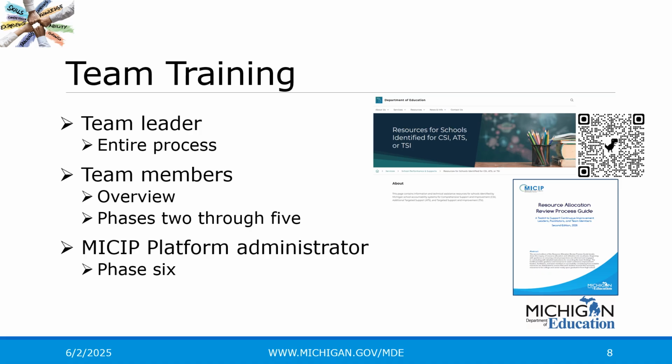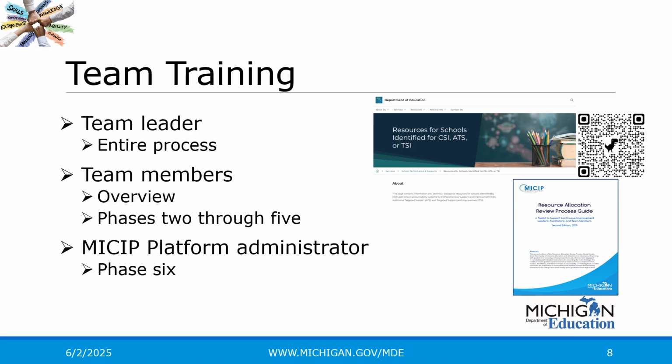Training will look different for each team member based upon the role being fulfilled. For example, it is recommended that an administrator, team leader, and continuous improvement facilitator read through all the materials and review each video.